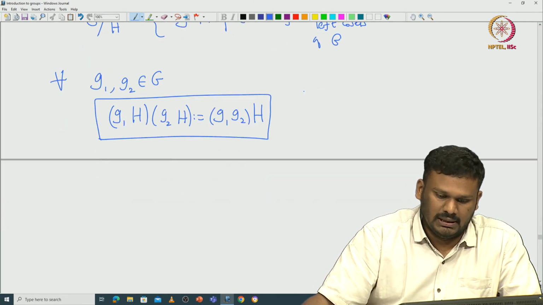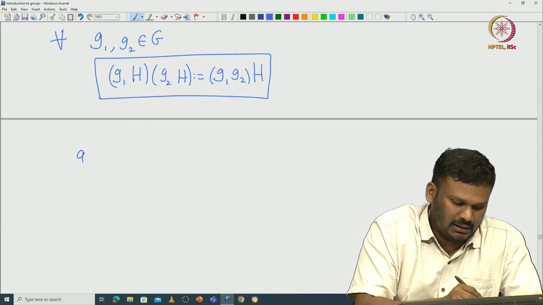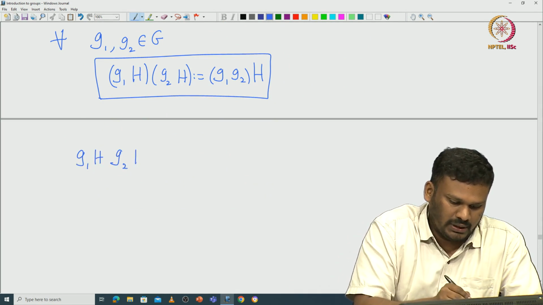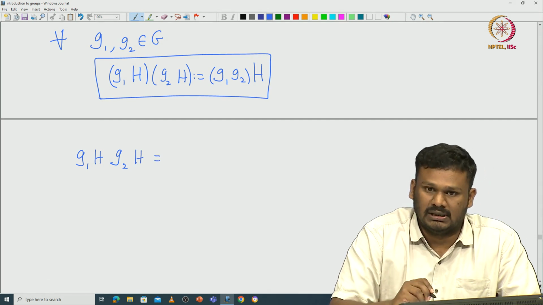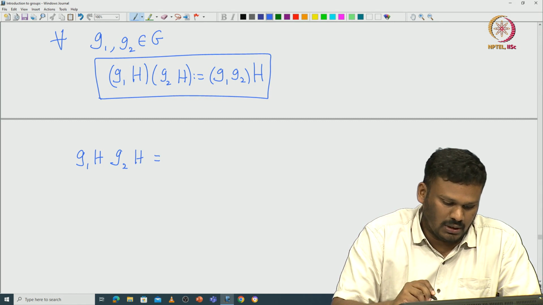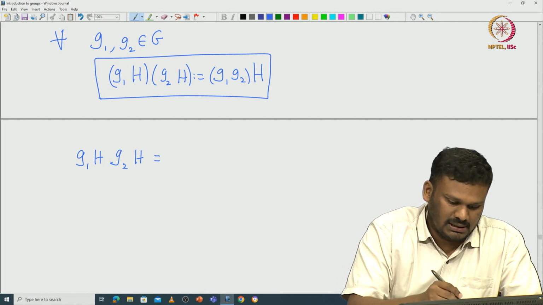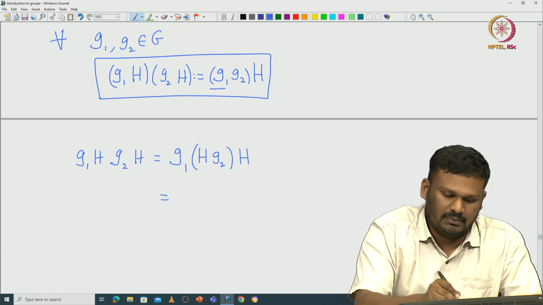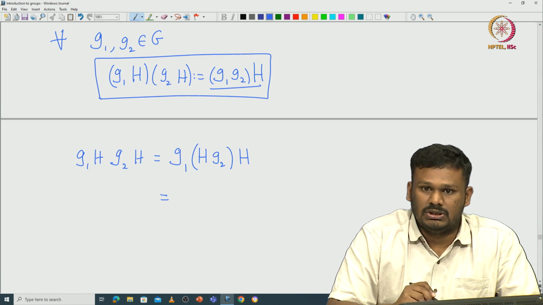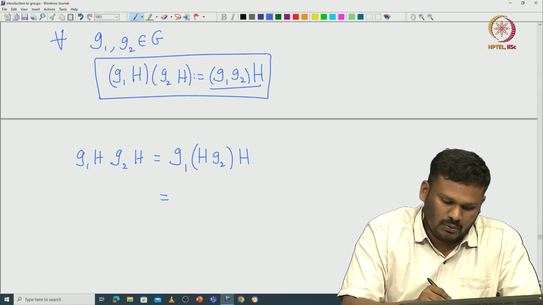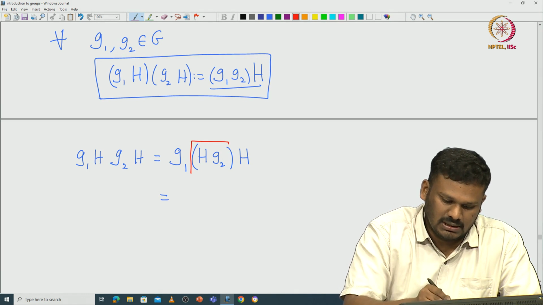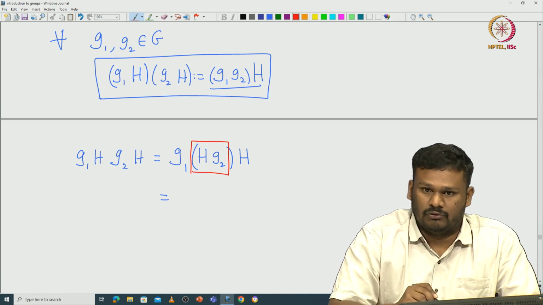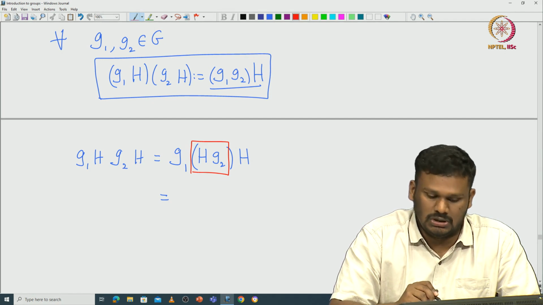So, our calculation indeed told us: if we take g1H and g2H, and use associativity to compute the product, then we can see that it is exactly equal to g1 (H g2) H. This will become g1 g2 H H if one can switch this right coset to a left coset, Hg2 equal to g2H.